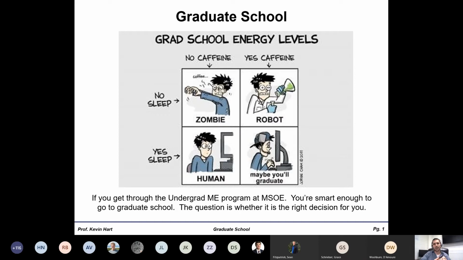The ingrained culture of MSOE in the past has been we make engineers for the local Wisconsin community, and generally that idea has been, we're not making graduate level engineers, we're making blue collar, let's design cars and stuff sort of engineers, which is great. I got no problem with that, okay?